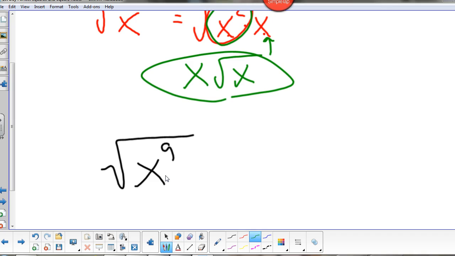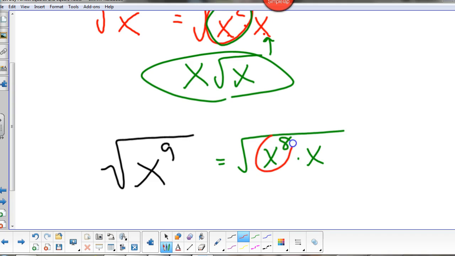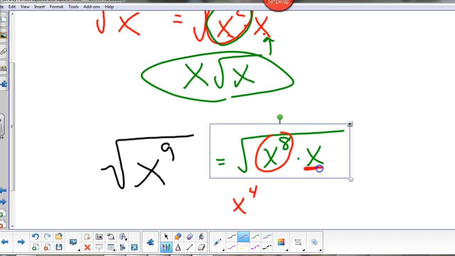But the biggest perfect square factor in there, I would break up x to the ninth into x to the eighth times x. Then I can square root the x to the eighth part, which is x to the fourth. And the last one, the odd power, has got to stay in the radicand. So it's x to the fourth root x.